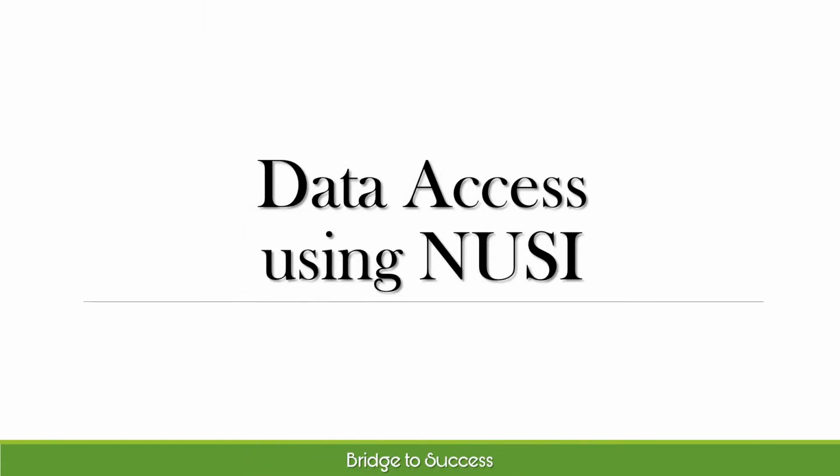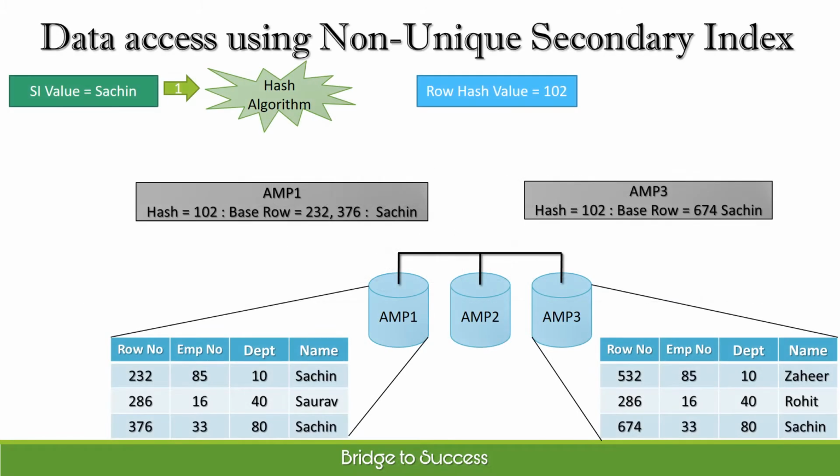We can now see how our data is accessed using non-unique SI when a query is submitted. We need to access the record with name as Kevin, which is the non-unique secondary index in the table. So, we submit a query with name equals Kevin in the where clause. The hashing algorithm calculates a row hash value for the non-USI.